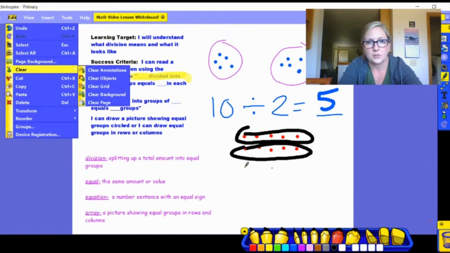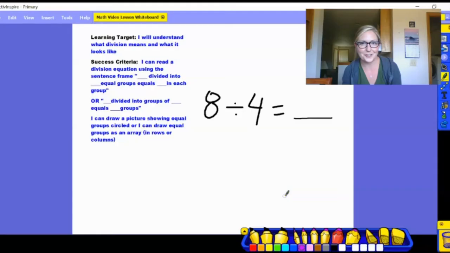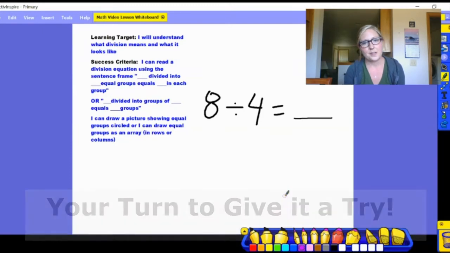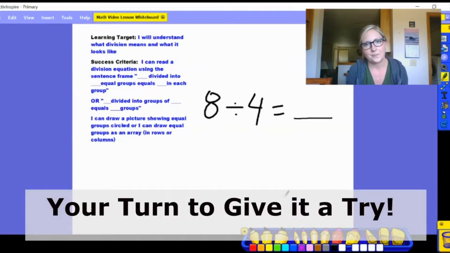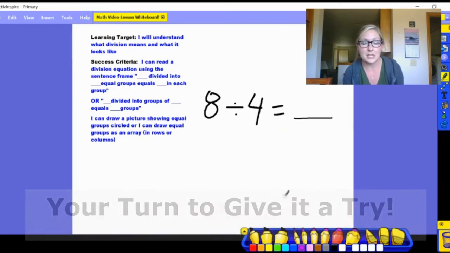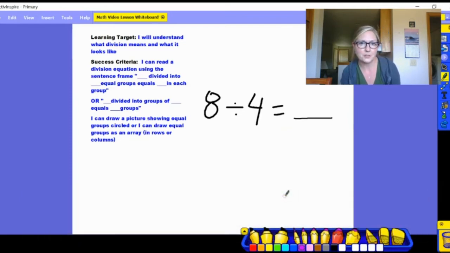to solve this equation. It's your turn to try. Think about this equation. 8 divided by 4 equals blank. How could you draw a picture showing a total of 8 split into equal groups of 4?